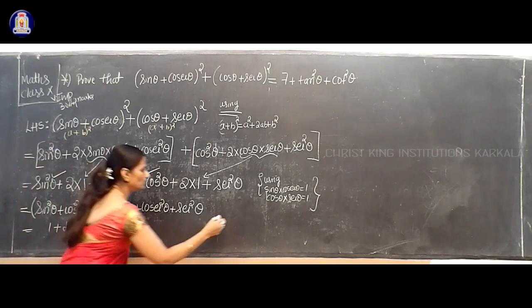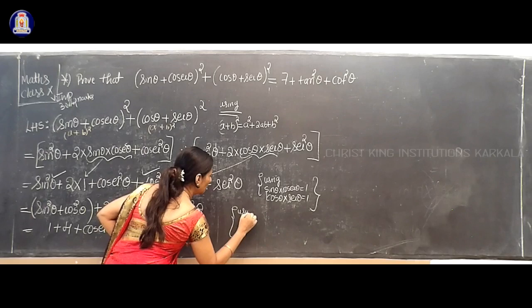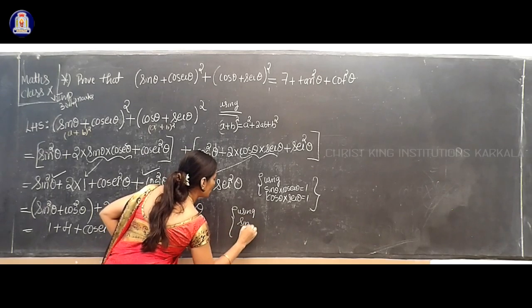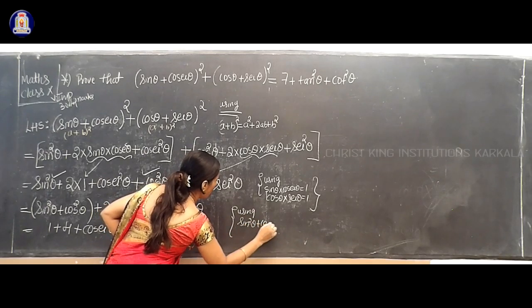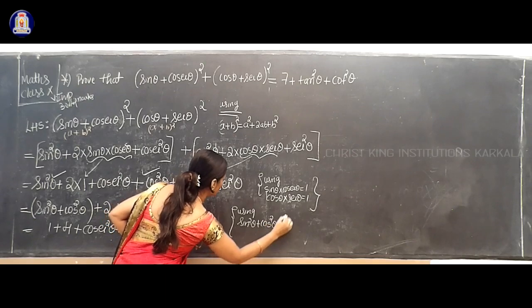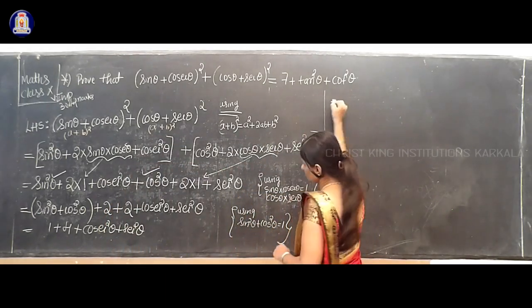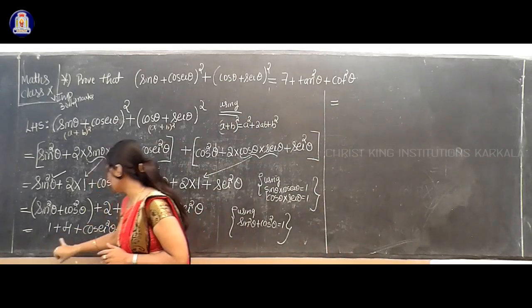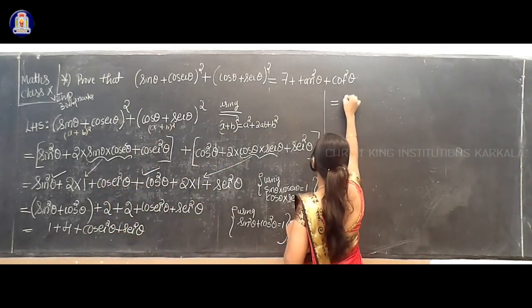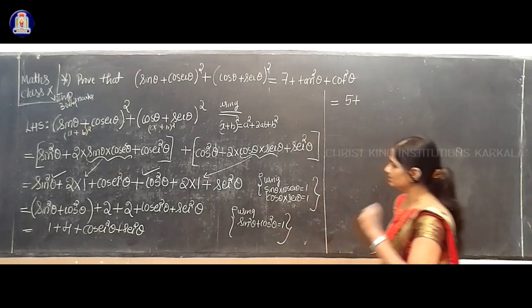Using sin square theta plus cos square theta equal to 1, 1 plus 4 is 5, plus, now see the answer.